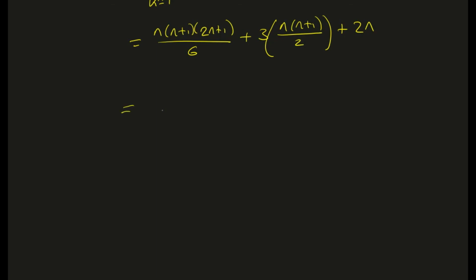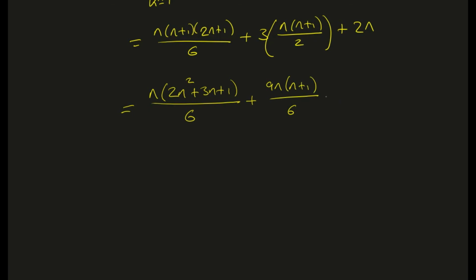So if we do that, the first term is pretty much the same. Let's keep the n outside and expand the double bracket, and we'll call that 2n squared plus 3n plus 1, all over 6. We'll times that second term top and bottom by 3 to get the 6 denominator. So that will be, we'll expand that bracket as well, 9n(n plus 1).